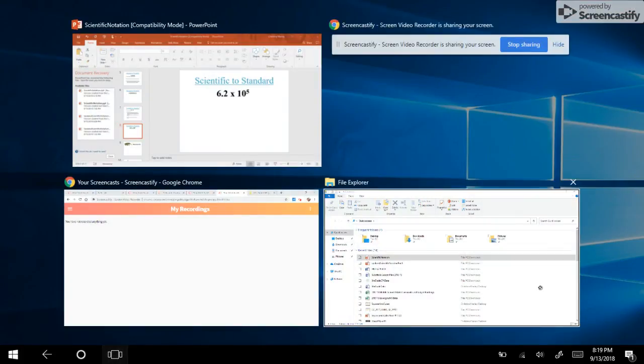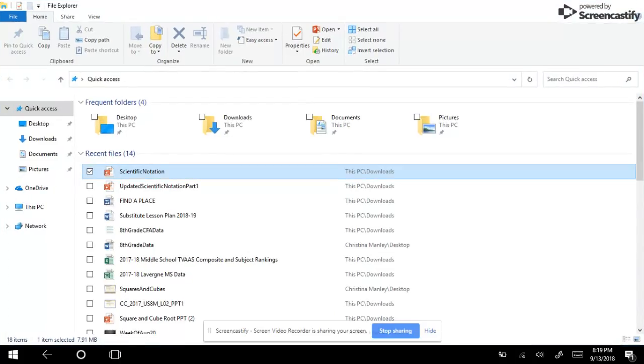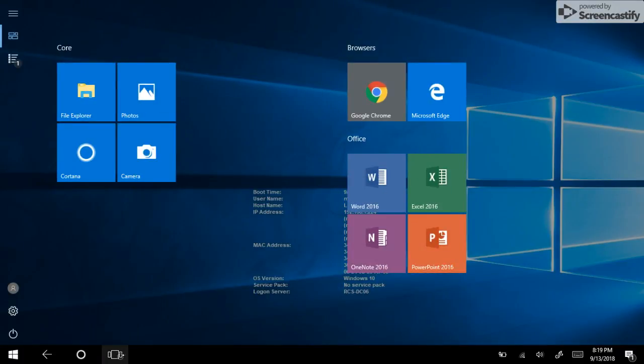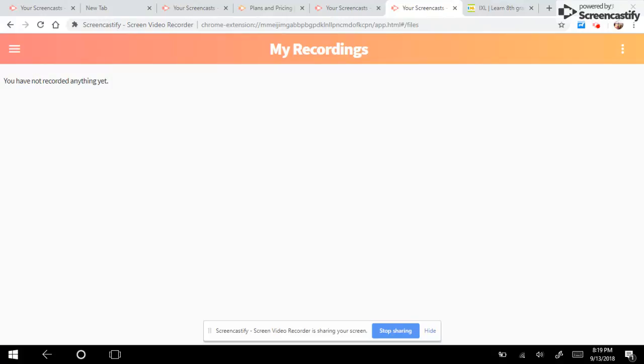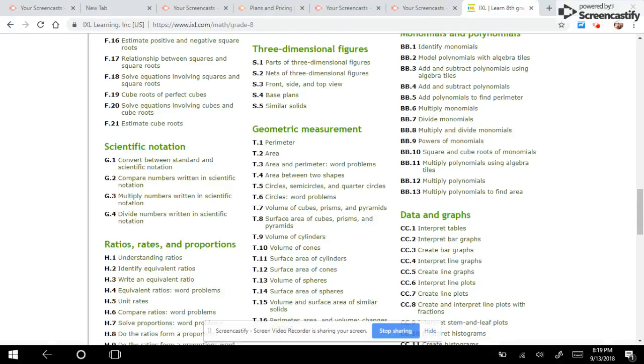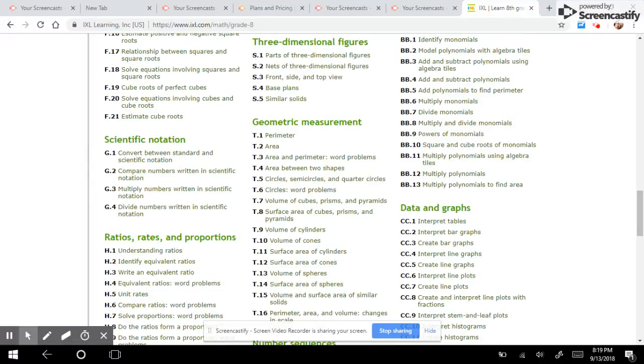And once you get to IXL, you're going to go ahead and look for the lesson. In this case, your lesson is going to be Scientific Notation G.1. Have a great day and raise your hand if you have any questions.